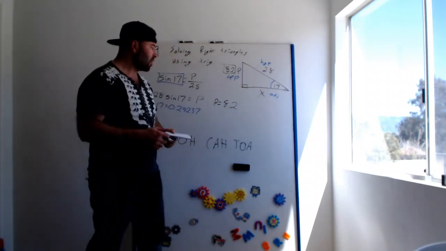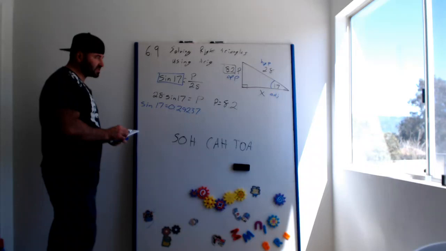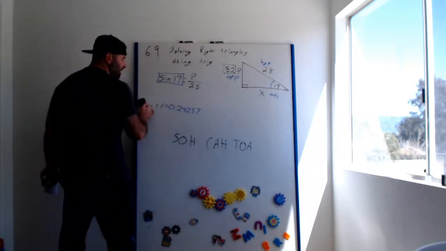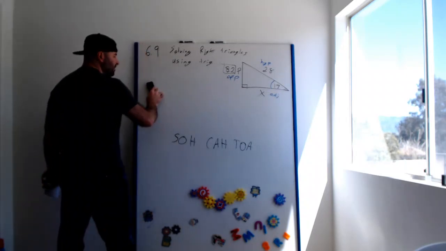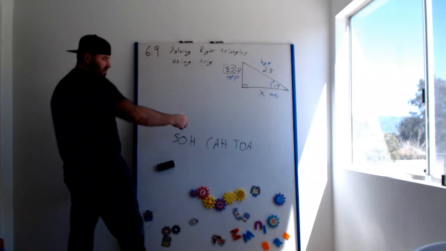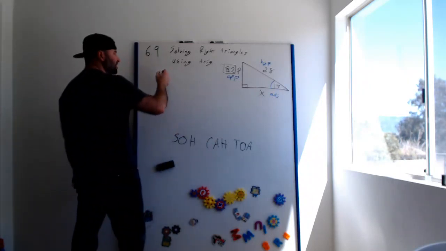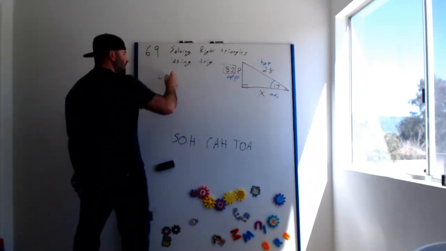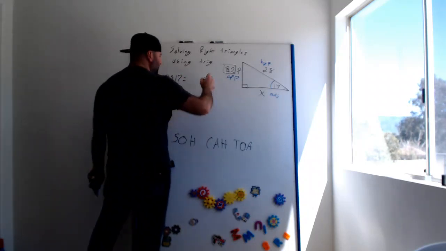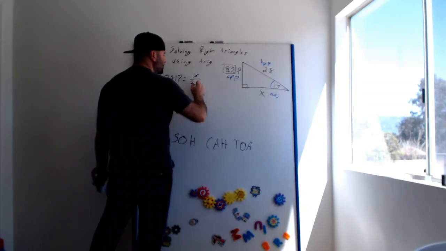So again, which of those three trig functions is going to use the side adjacent and the hypotenuse, and that's the setup that you go with. So in this case, we're going to use cosine. So the cosine of the angle, 17, is equal to side adjacent over 28.